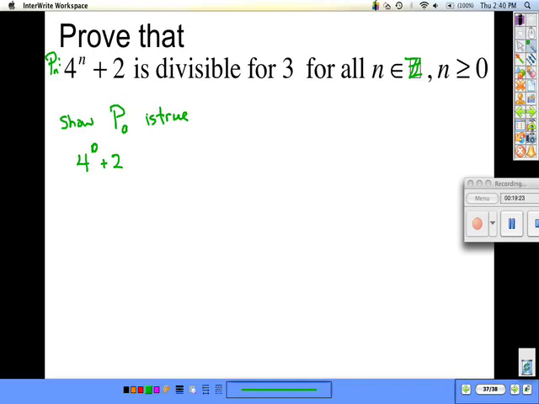So 1 plus 2, that's equal to 3, and 3 is divisible by 3. So we've shown it's true for that first value. Now we're going to assume 4 to the k plus 2 is divisible by 3.